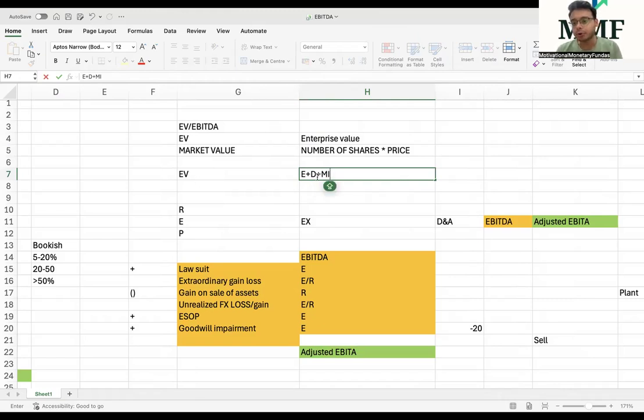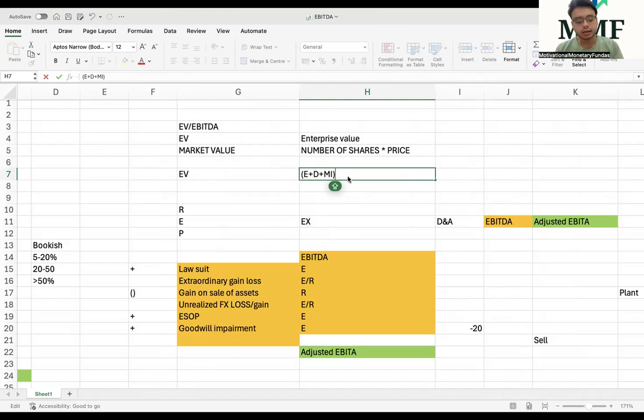Here the equity component takes into account both the equity as well as the preference shares. Just to give you a simple example, there's the total market value of the debt plus the minority interest. The minority interest are those people who are holding less than 20% stake in the company, right? Those people are the minority interest. You add all of these, and here we get our enterprise value.